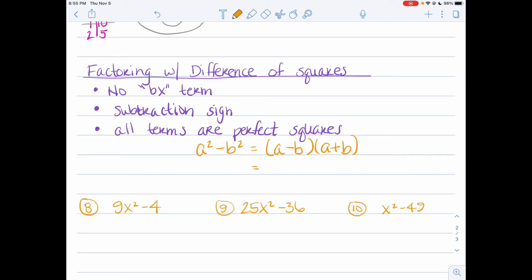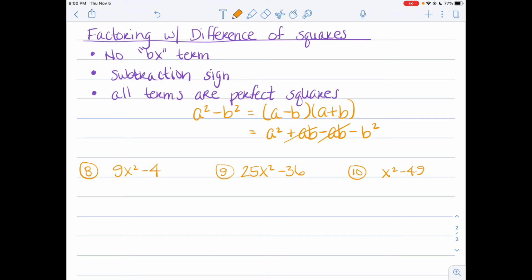It works because if I do FOIL on this, or double distribution, a times a is a squared, a times b is ab, negative b times a is negative ab, and then a negative b times a positive b is negative b squared. Notice that I have a positive ab and a negative ab, and there are my 2 terms, a squared minus b squared.